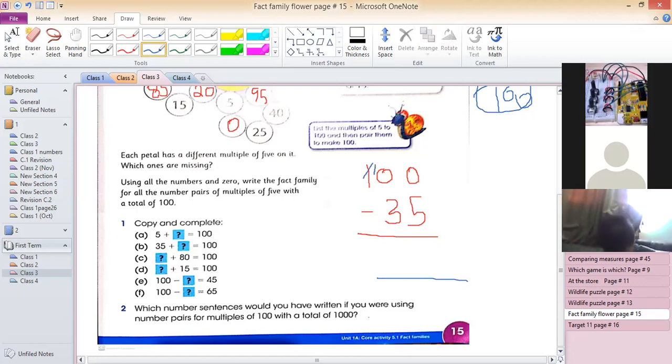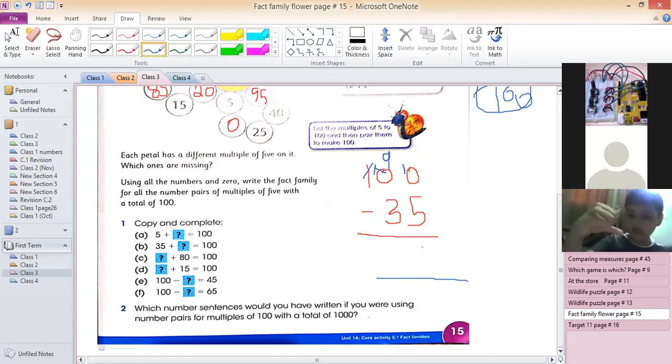This 10 becomes 9, and the 0 becomes 10. When it gives 1 to this 0, it becomes 9.